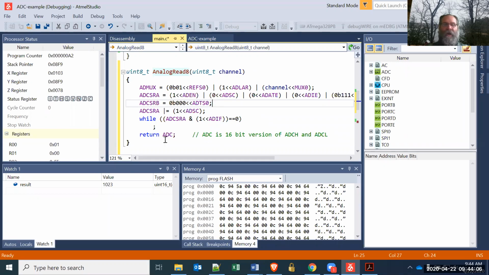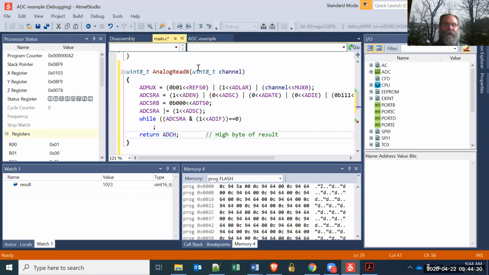Now here we just grab the whole result. Here I'm going to say ADC H, just return the high byte. Change the comment there a bit.